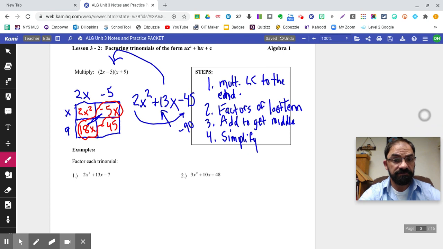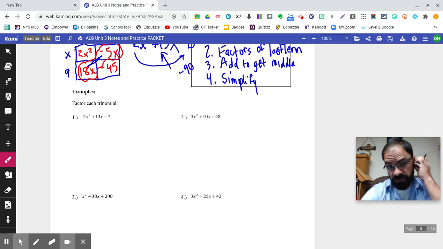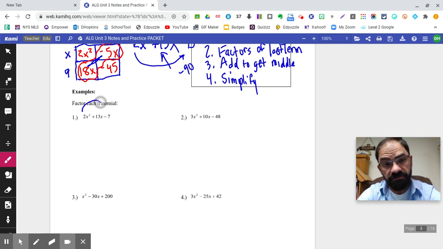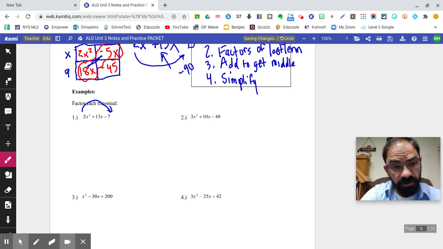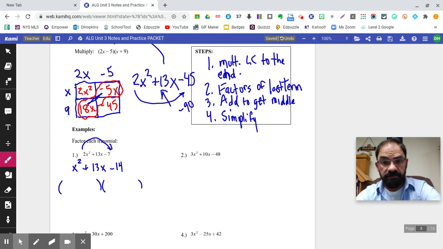Let's check this out. Factor each trinomial. So remember what I said: I said multiply that first term to the end. In one of the steps, I need to add a step.